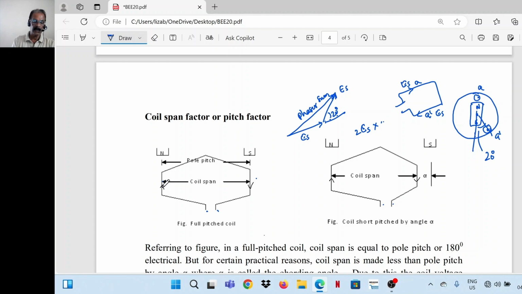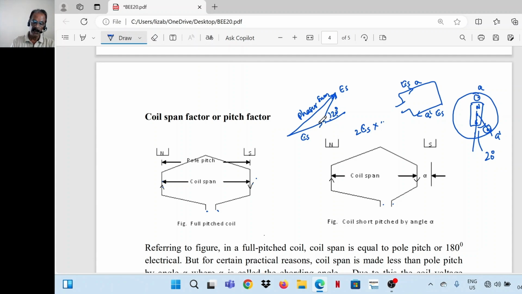In the earlier case, the coil sides are placed 180 degrees apart. Here it is less than that: 180 minus 20, 160 degrees apart. Because of that, the coil side voltages cannot be added directly.